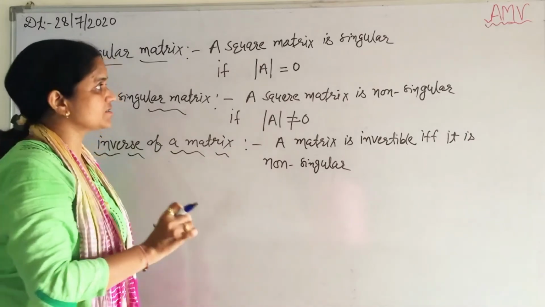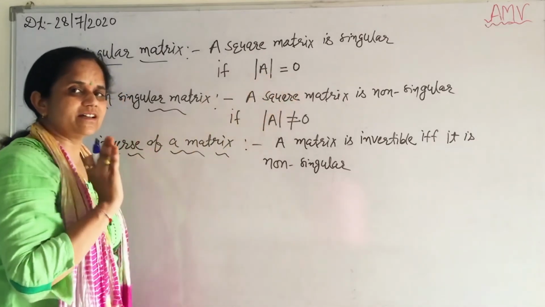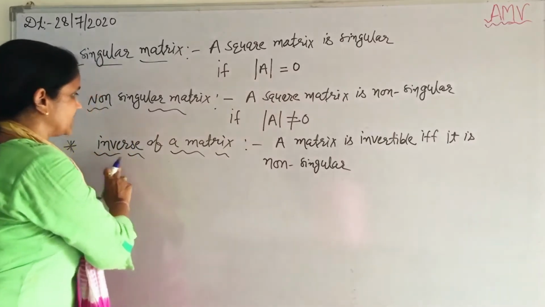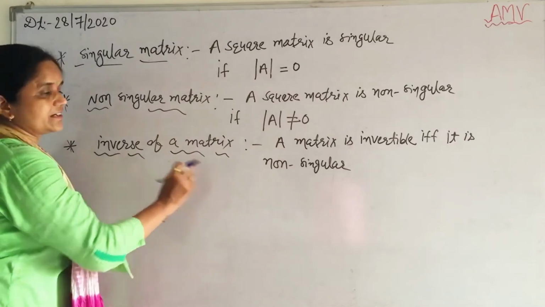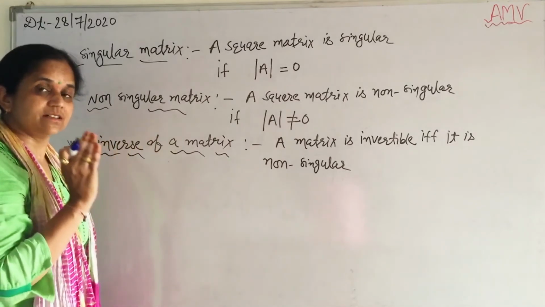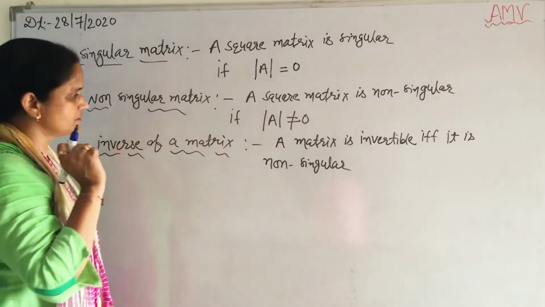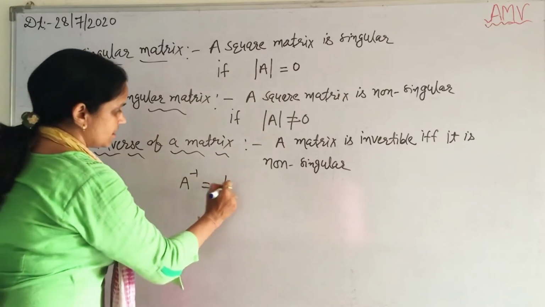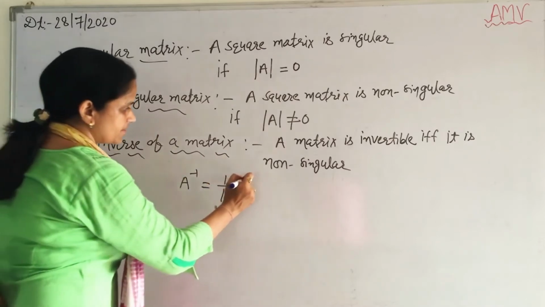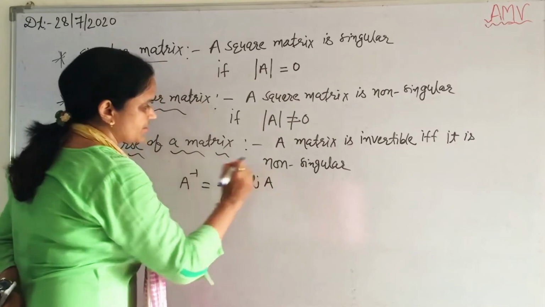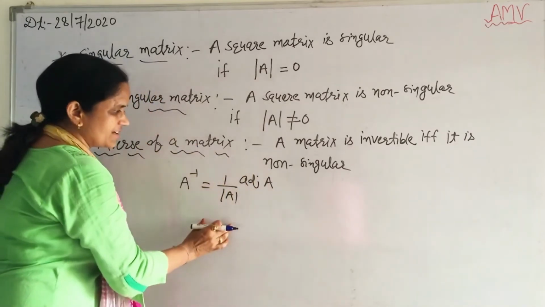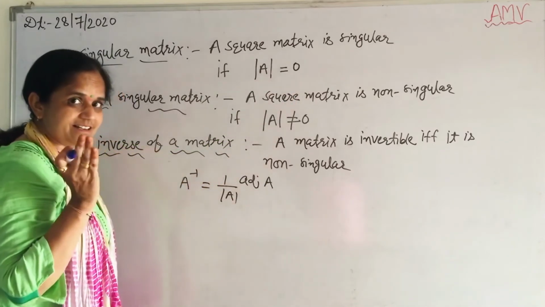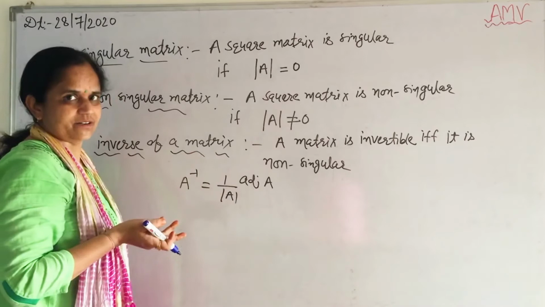If the determinant is equal to 0, it means the inverse doesn't exist. Okay, students. So first, to find the inverse, always check whether the determinant of the matrix is 0 or not equal to 0. And now the formula of the inverse: A inverse is 1 upon determinant of A, times the adjoint of A. Now you understood, students, why if the determinant of A is equal to 0, the inverse doesn't exist. It will be undefined. Okay, students.